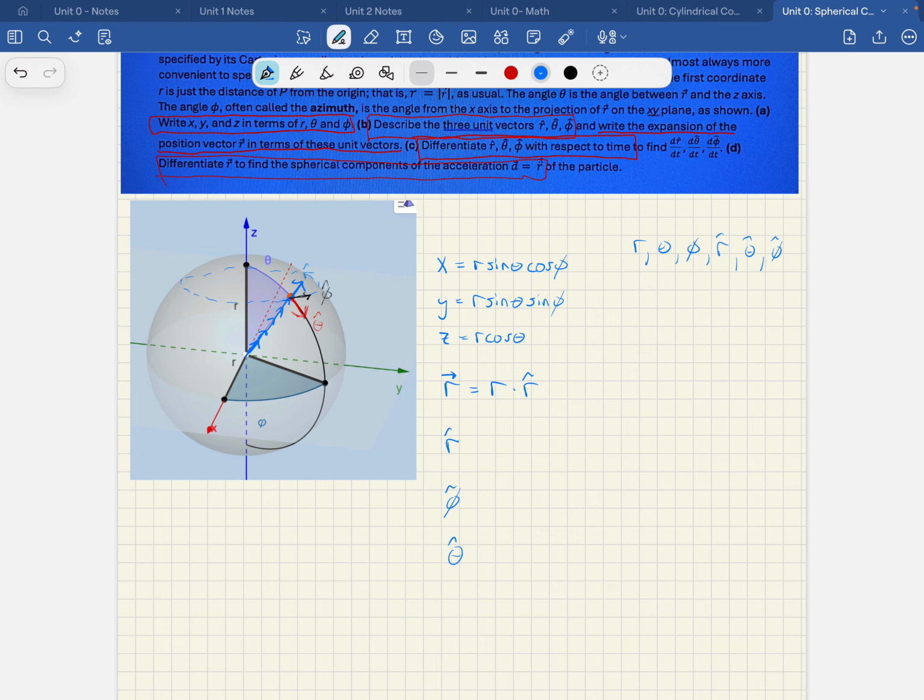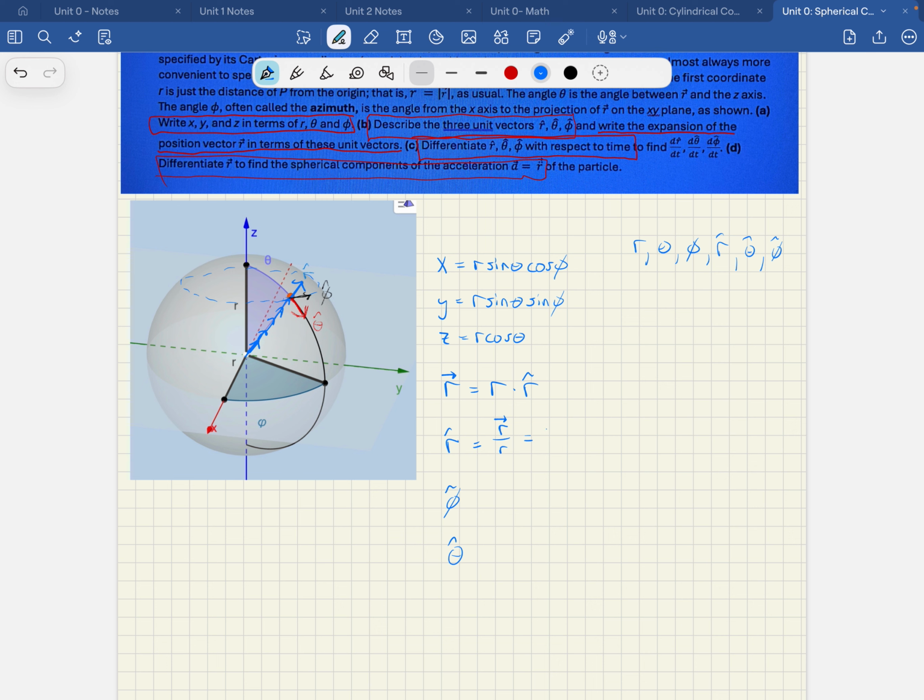So to find r hat, the easiest way to do that is probably to do the r vector divided by the length of the r vector. And the r vector is x hat plus y hat plus z hat components. Hope that makes sense. So I'll go ahead and write it down.